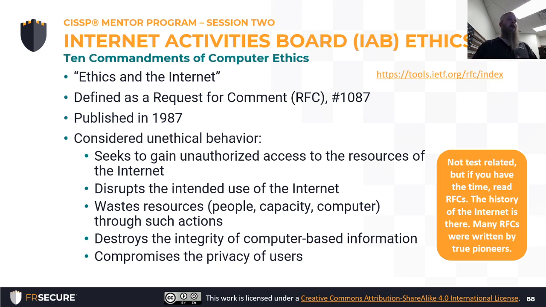Really cool stuff. But here, the ethics piece is that there are RFCs that were written, one being RFC 1087, and this is the unethical behavior: gaining unauthorized access, disrupting the intended use of the internet, wasting resources, destroying integrity, compromising privacy. Those are just in those RFCs.